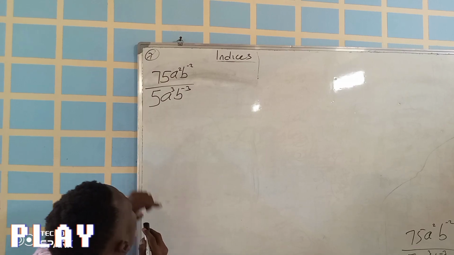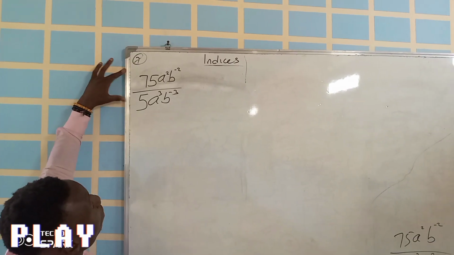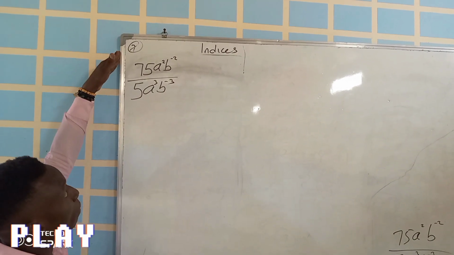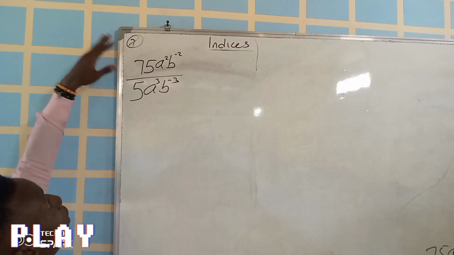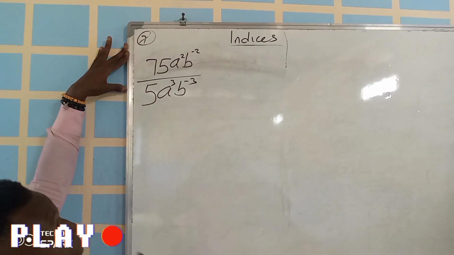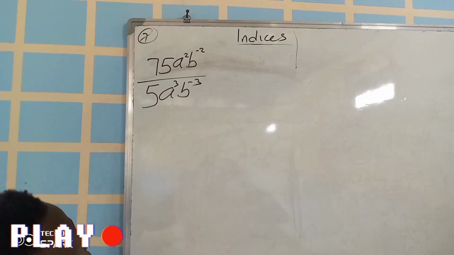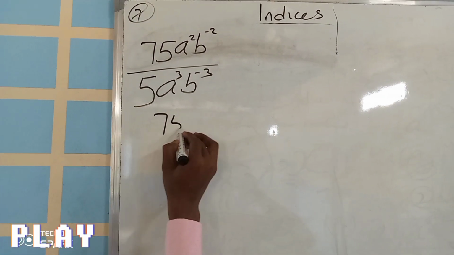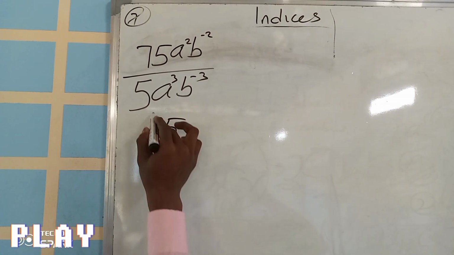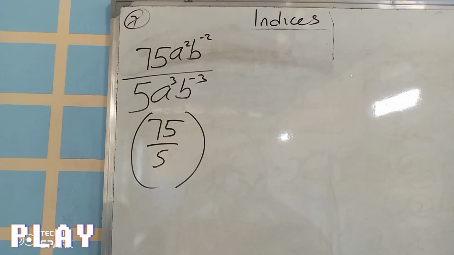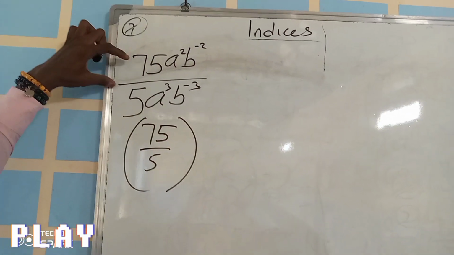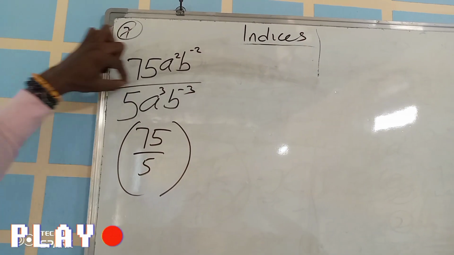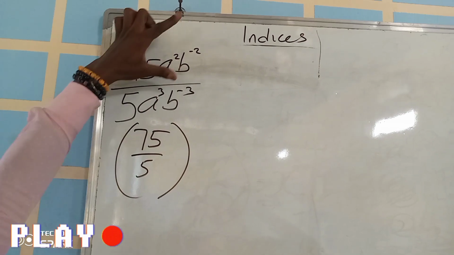Alright, solution 7. We have 75a squared b to the power minus 2 all over 5a to the power 3 b to the power minus 3. The first thing you do is 75 divided by 5, then you apply the division law for the a and for the b.